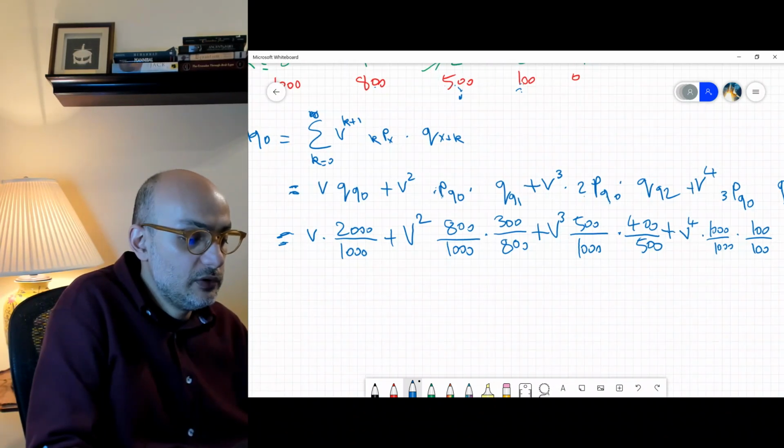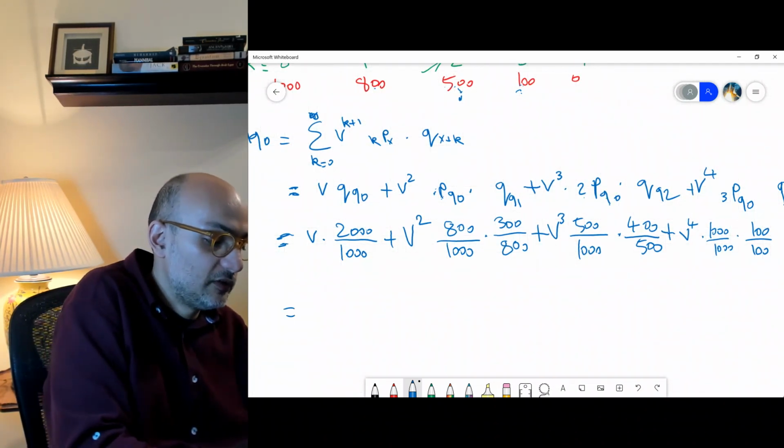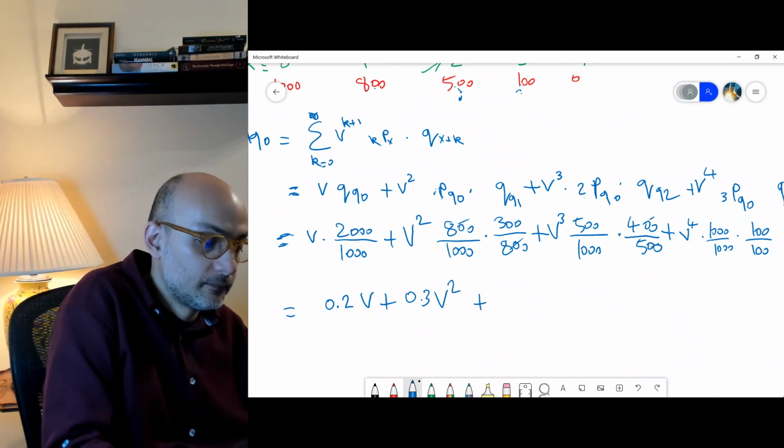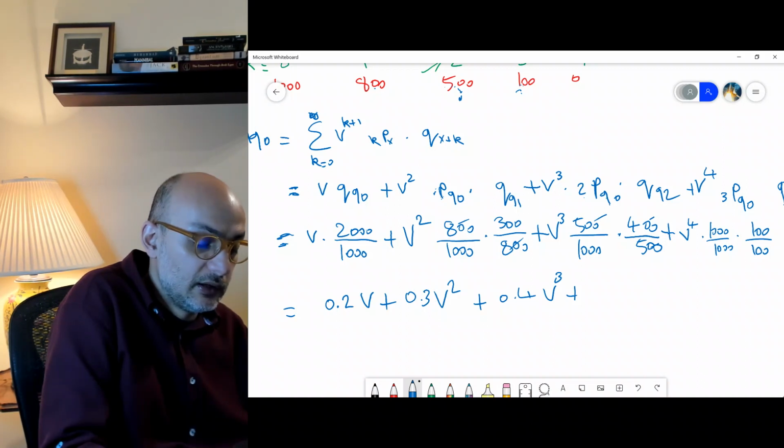Right? Now there is lots of cancellation here, but what you see, we can summarize it to 0.2V plus, now this cancels out with this, 0.3V2 plus 0.4V3 plus, now this is why I have here 100, not 1000.